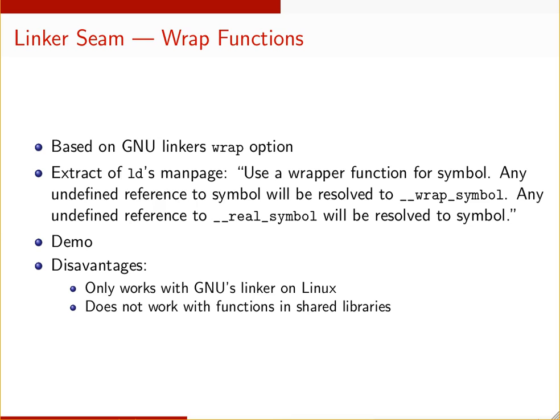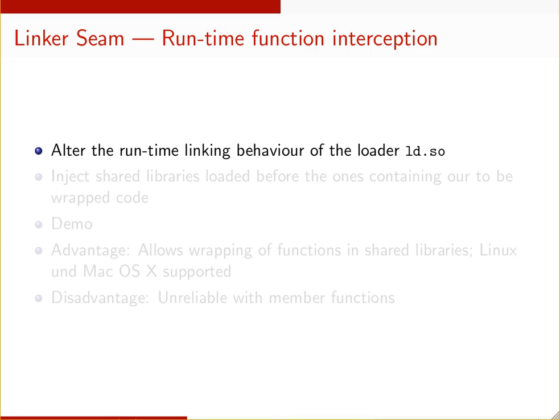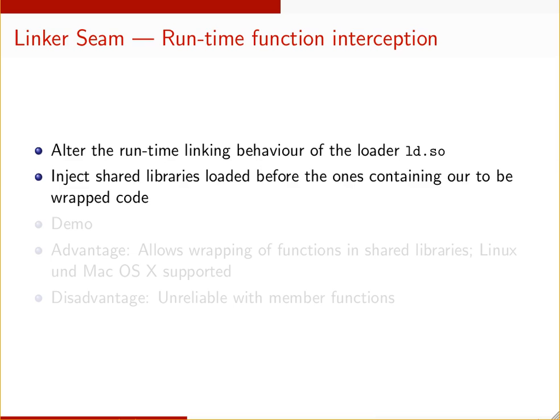Here we have another project with the known system under test, the unit test in Qt, and now a shared library project with the function we would like to wrap. So this works exactly like wrapping functions in static libraries.